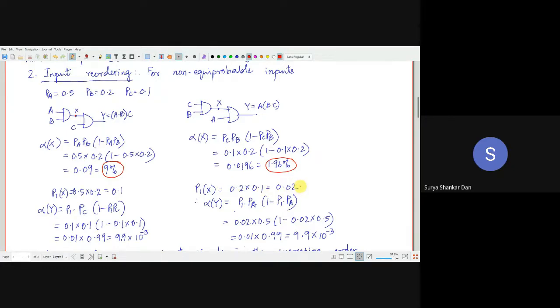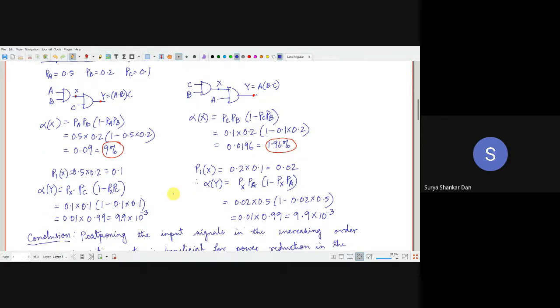Why are we trying to find this Px over here? Because I'm essentially trying to find the switching activity at the output node. So what is the alpha of Y? I should not call it P1X, this is Px. Now you can clearly understand Px is 0.1.